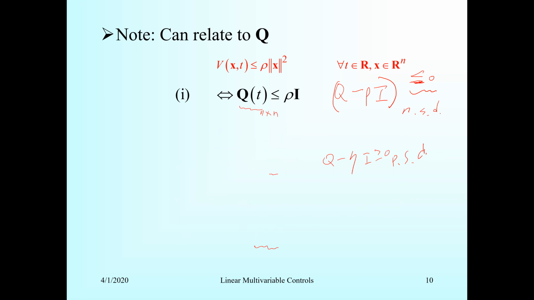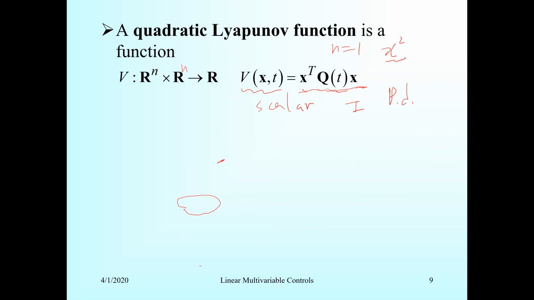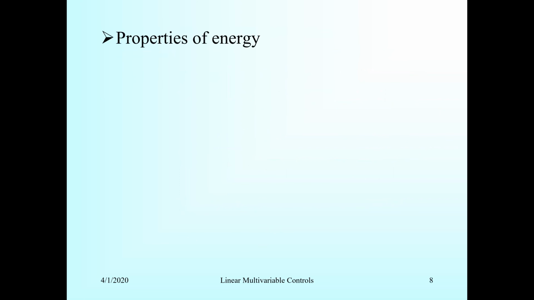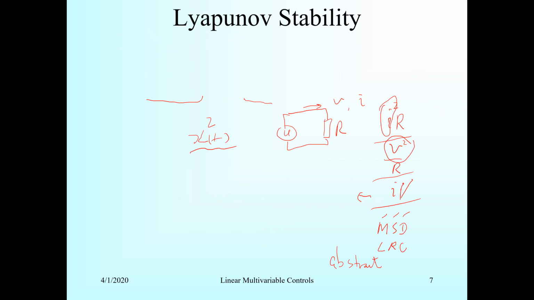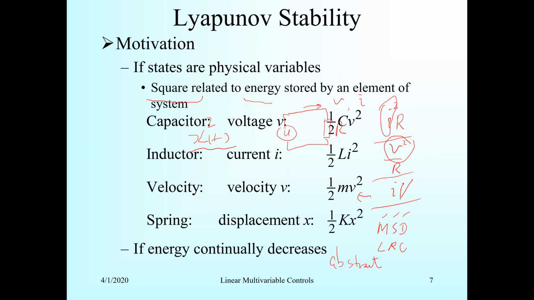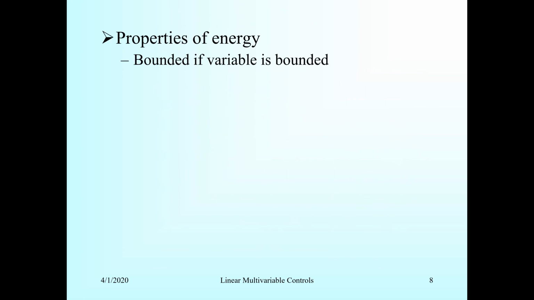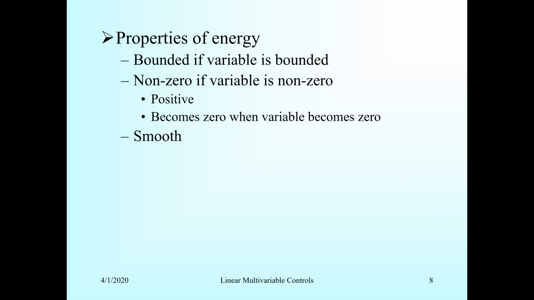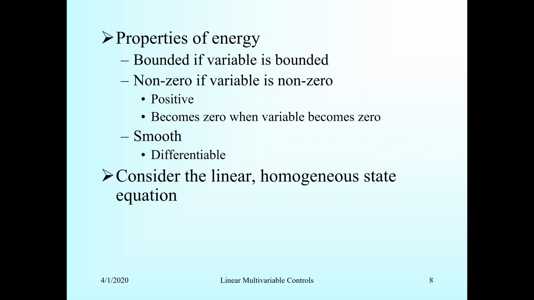So let me go back to check the quadratic Lyapunov function. We talk about the generalized energy concept, and so these are not equations, but we just say bounded if the variable is bounded, non-zero if the variable is non-zero, should be positive. It's zero only when the variable becomes zero.